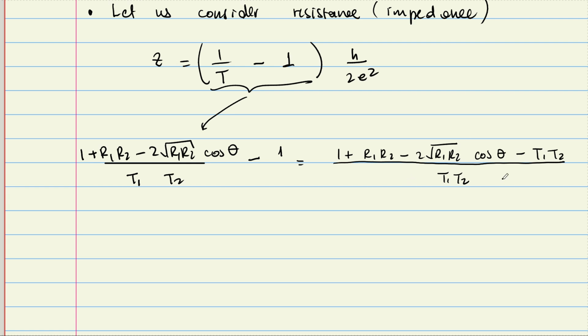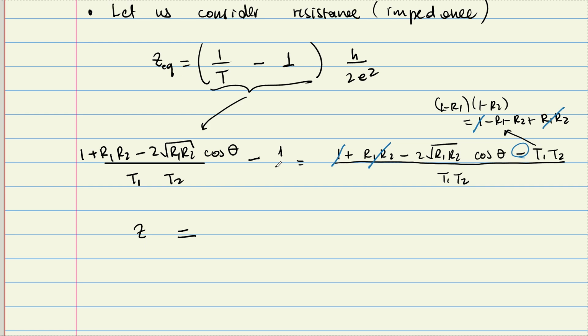And this T1T2, I'm going to write as 1 minus R1 times 1 minus R2, which is equal to 1 minus R1 minus R2 plus R1R2. This one is going to cancel this because of the minus sign, and this R1R2 is going to cancel this R1R2. And this result is going to give us Z.